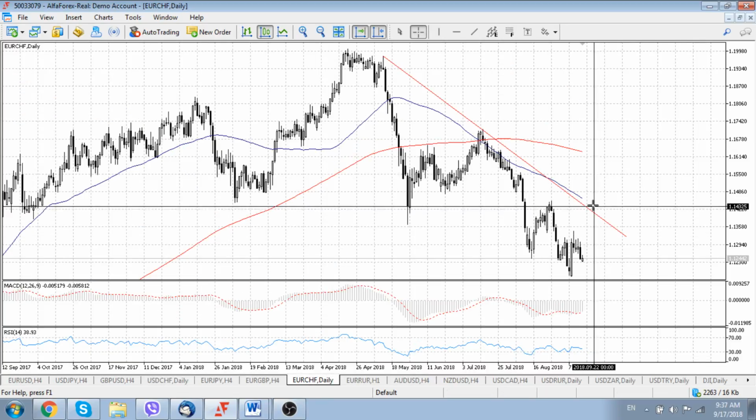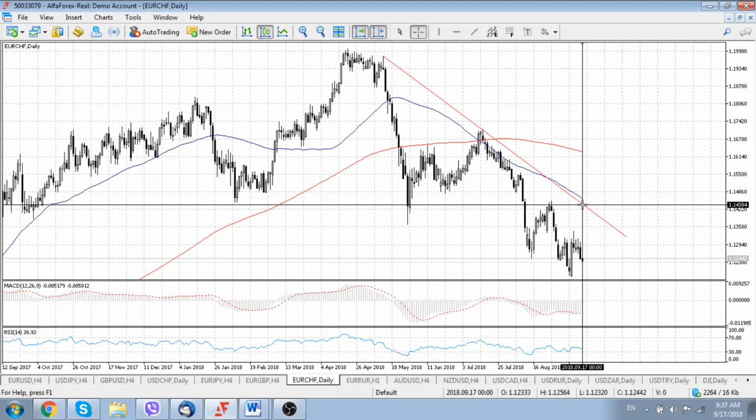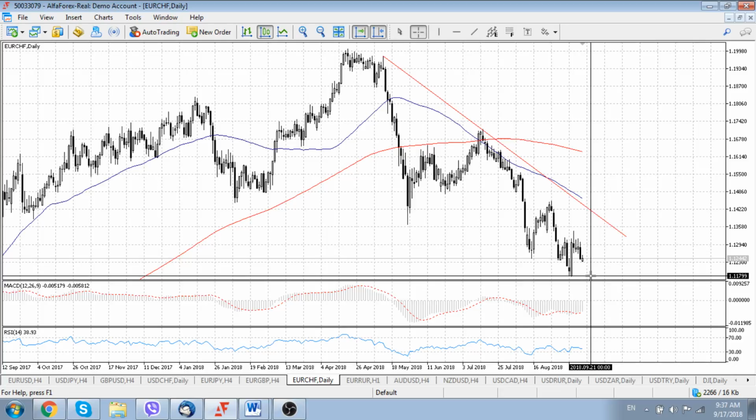As you could see, Euro Swiss is still remaining below its downtrend line located at 114.40, and it will be very interesting how the SNB will react to the current slump in the Euro Swiss price below 112 during the last trading week.